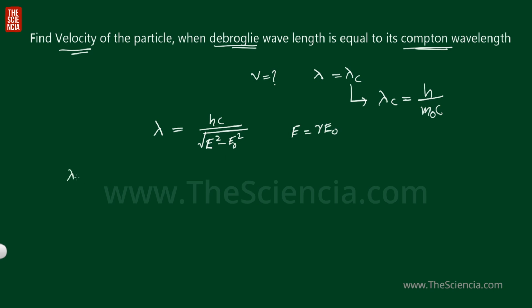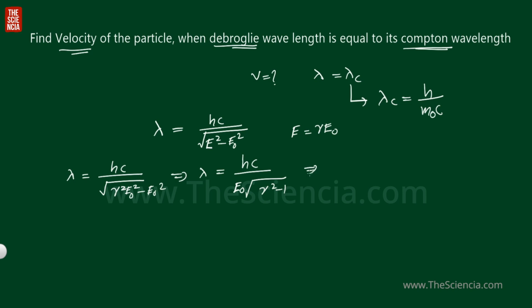So I can rewrite this equation as lambda is equal to hc by root of gamma square E0 square minus E0 square. That is lambda is equal to hc by, here I am taking this E0 outside, E0 root of gamma square minus 1.